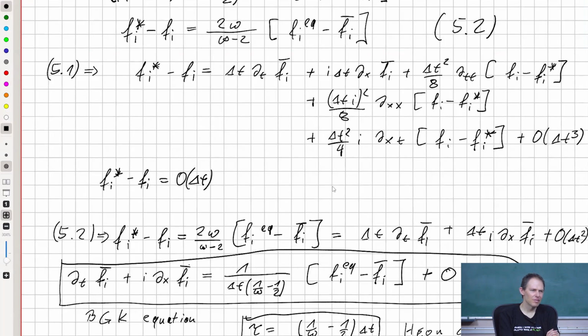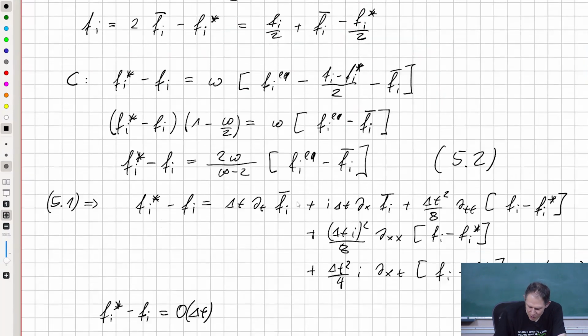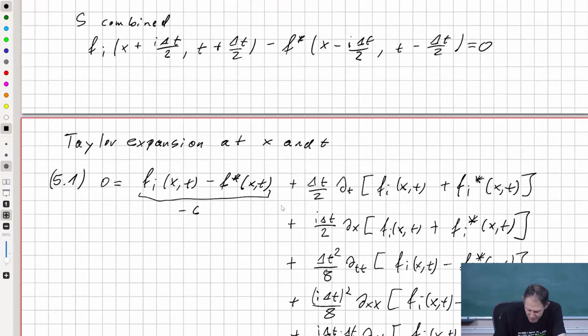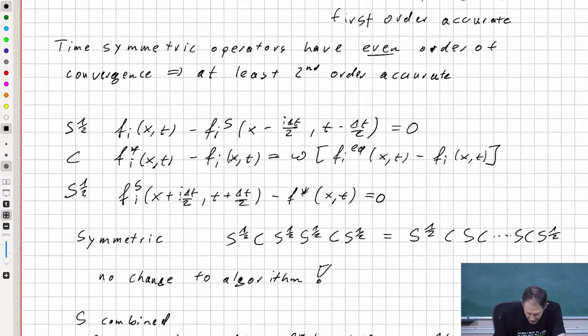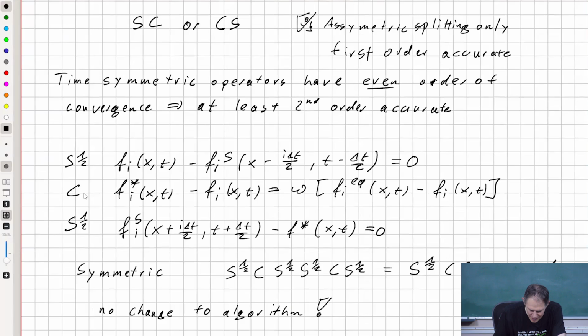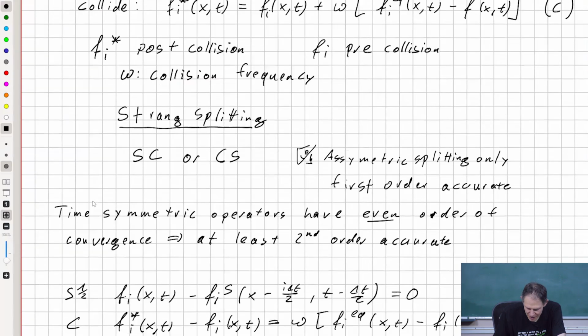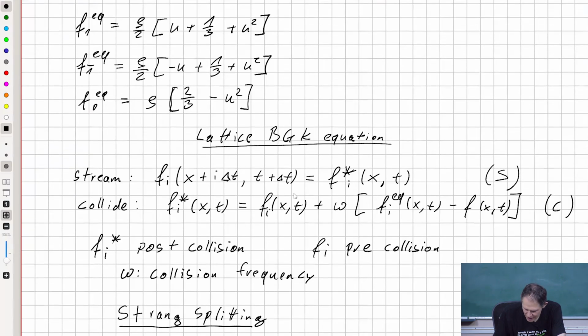Can you explain the algorithm for one single time step? So this is a model of it. In reality, what we do is exactly this.